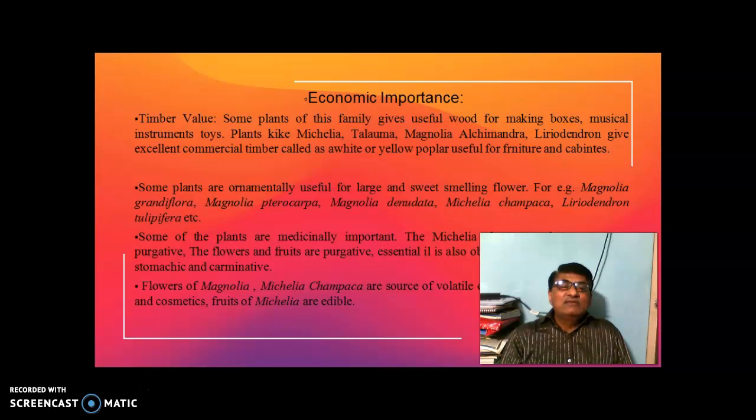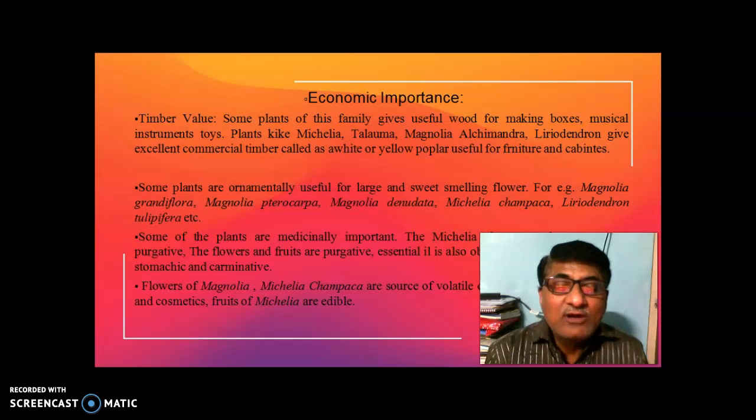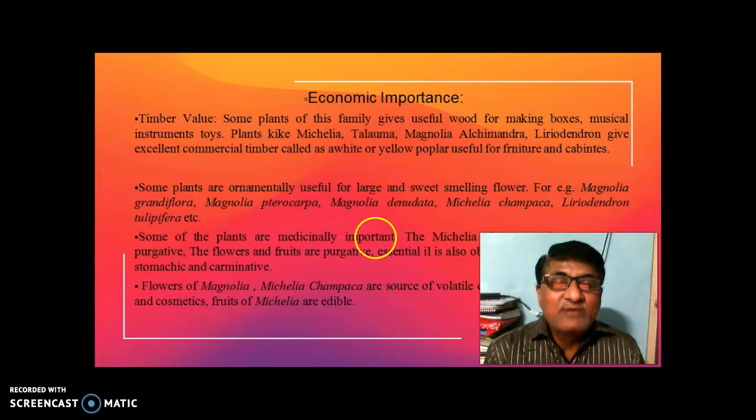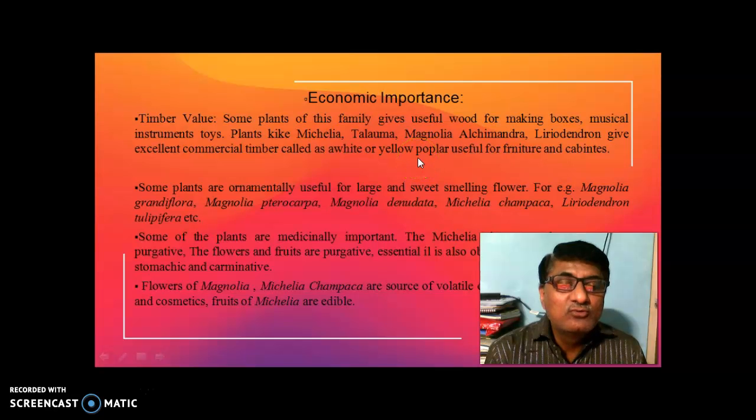As timber, plants like Michelia, Talauma, Magnolia, Elmerrillia, Liriodendron give wood which is useful for making boxes, musical instruments, and toys. White or yellow poplar wood is obtained from this plant, and that wood is useful to prepare plywood, which is used for making furniture or cabinets.